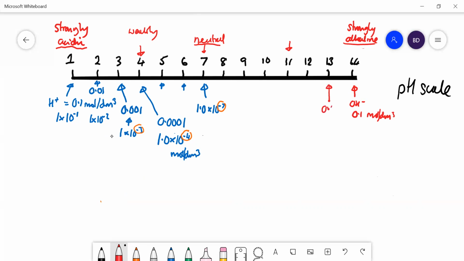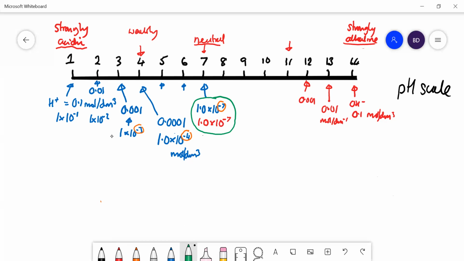So that's going to be 0.01 mole per decimeter cubed for the OH minus ion. Keep going all the way down to pH 7, and the concentration of hydroxide ions there is actually going to be 1 times 10 to the minus 7. Okay, and if you look at neutral there, the concentration of hydrogen ions and hydroxide ions are equal to each other. That's what a neutral solution is really.